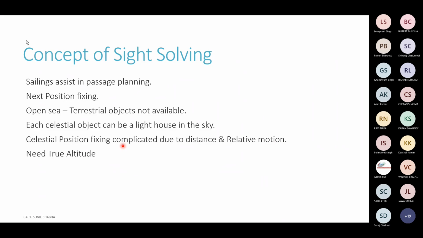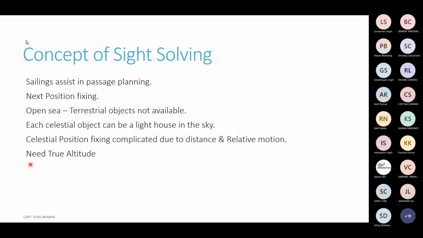Now we are going to understand how we fix our position using a celestial object. For this, what we need is the true altitude of a celestial body. If you want to obtain a position line from a celestial body at any particular time, you need to have the true altitude of that body.